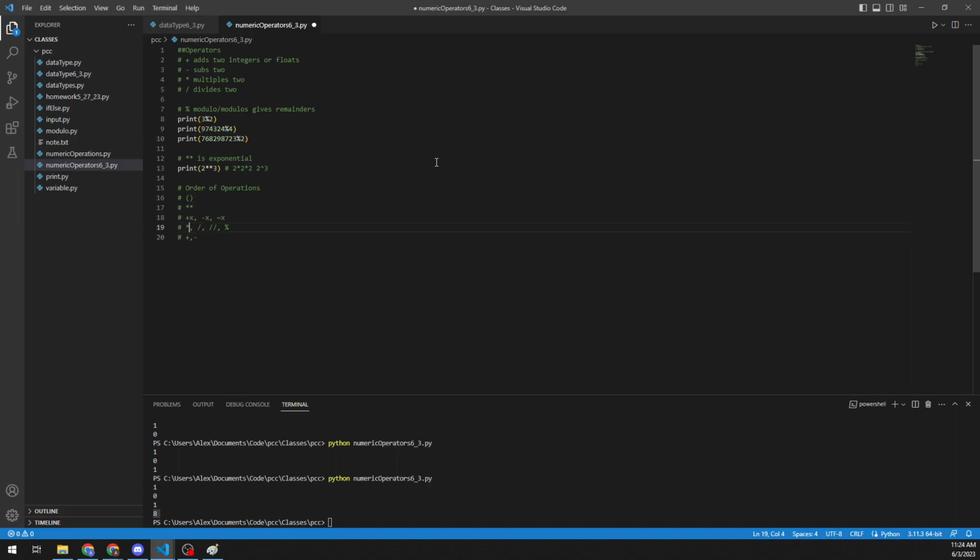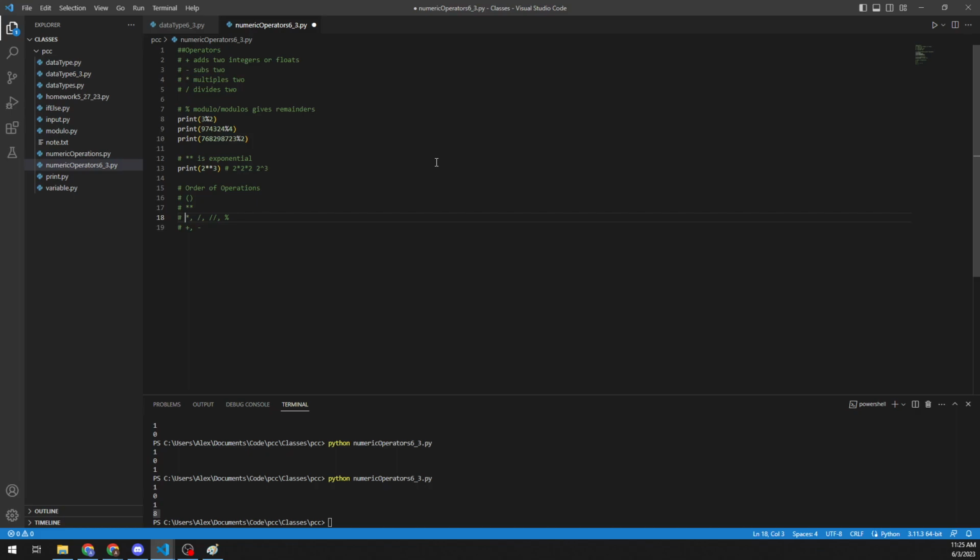So I didn't talk about this double divide. We'll talk about that next year. But that's how it works, so we can ignore this for now. Parentheses, exponentials, multiplication, division, floor division, modulo, add, subtract.